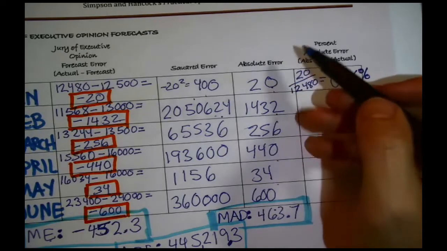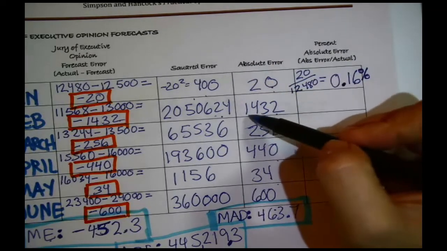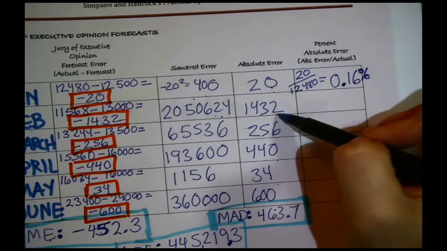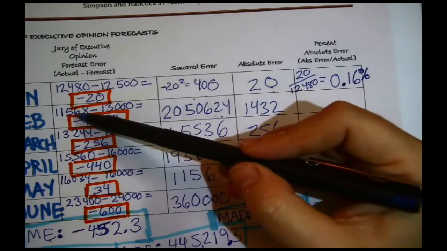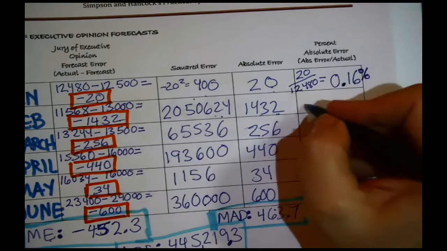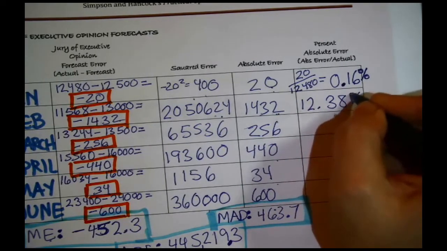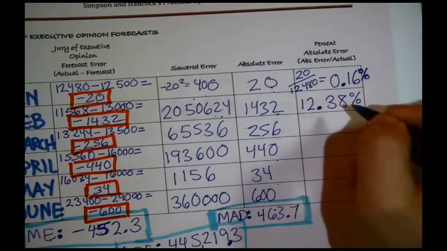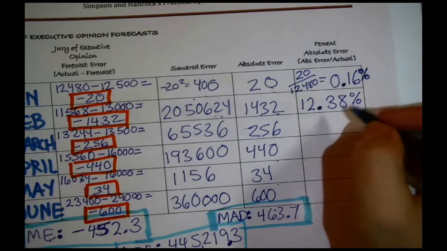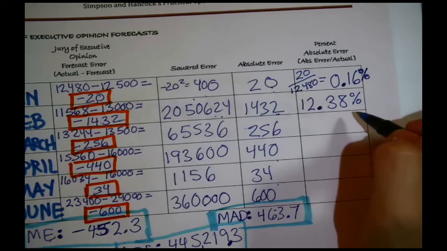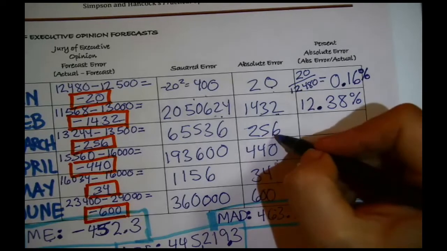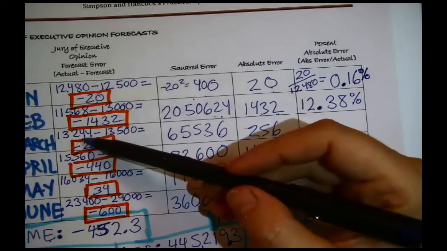Nonetheless, in February, take the 1,432 and divide it by 11,568, and that is revealed to be an error of 12.38%, because you'll see on your calculator 0.1238.